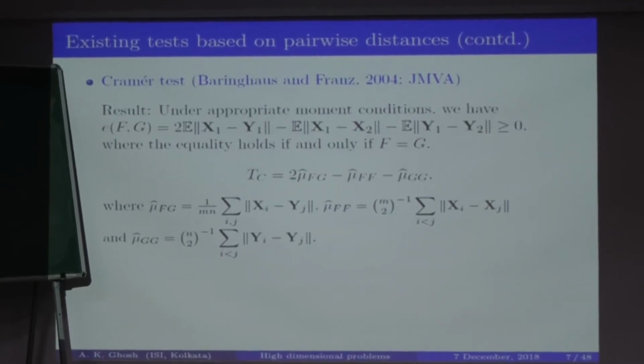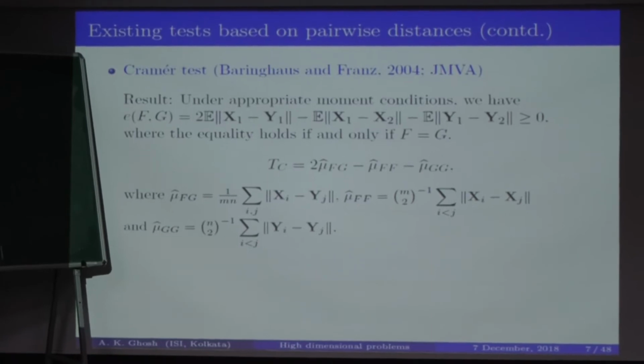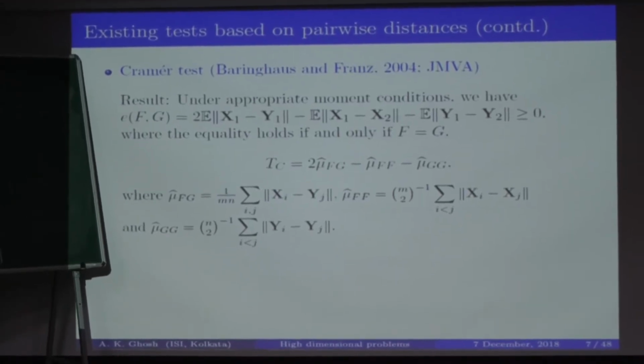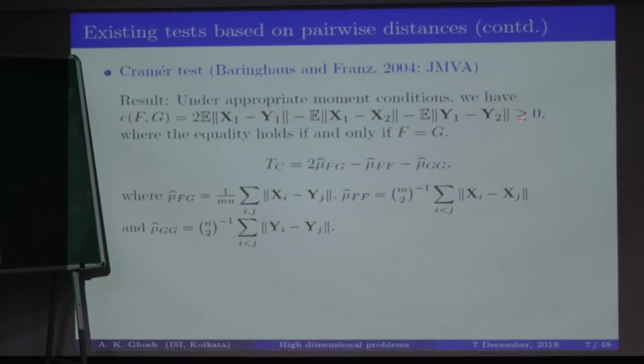A few slides ago, we have seen that if the two distributions F and G differ, then the distribution of this one and this one differ. But here we have a stronger result. Under appropriate moment conditions, which means the expectation has to exist, we have this result.